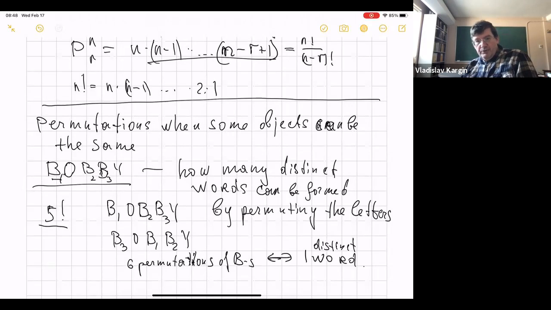Okay, so now when we list all permutations of the letters, it means that we overcount by exactly a multiple of 6. Right? So we need to divide by this 6, and this 6 is 3 factorial. So we get the total number of distinct words is 5 factorial divided by 3 factorial.